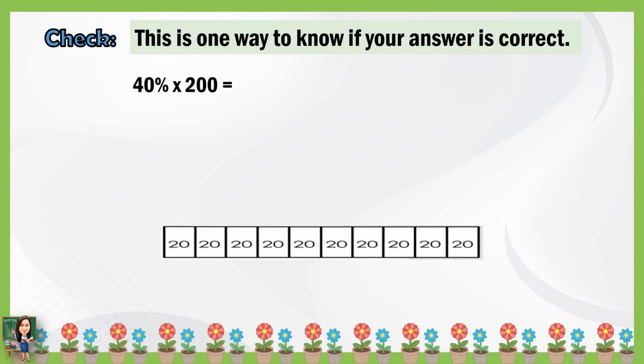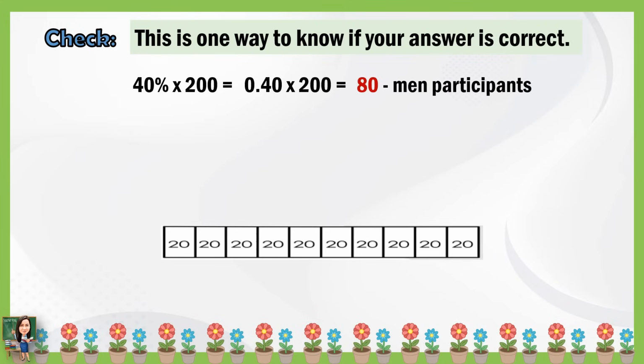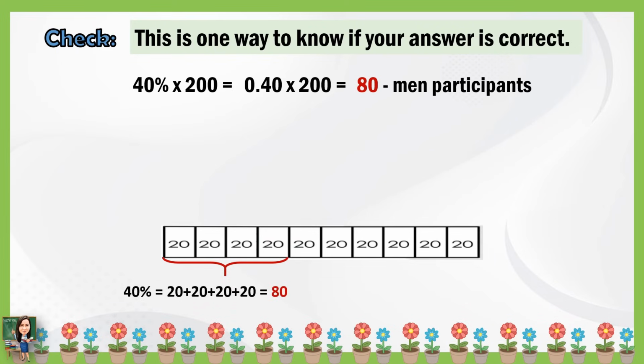40% times 200. Change 40% to decimal, which is 40 hundredths. Times 200 equals 80. 80 men participants. So 20 plus 20 plus 20 plus 20 equals 80, which is 40%. Next, 60% times 200. Change 60% to decimal, which is 60 hundredths.